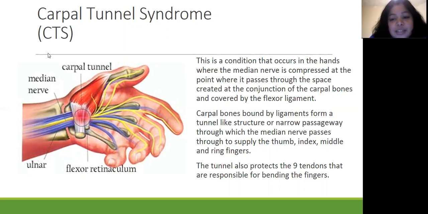This is a condition that occurs in the hands where the median nerve, that's this nerve right here, is compressed at the point where it passes through the spaces created at the conjunction of the carpal bones and covered by the flexor ligament.